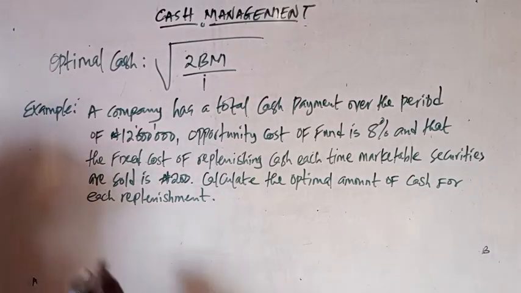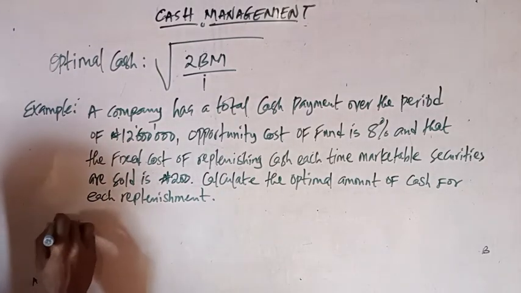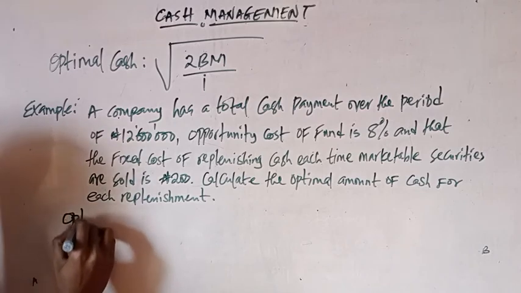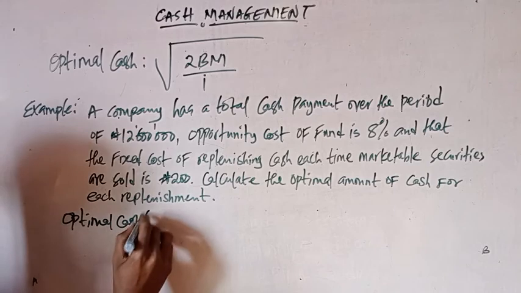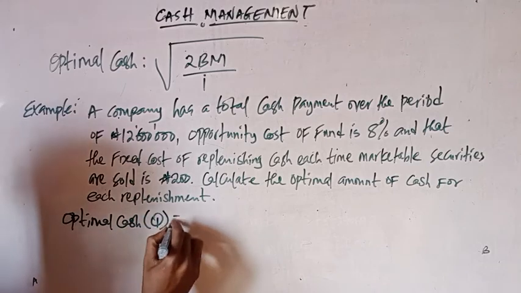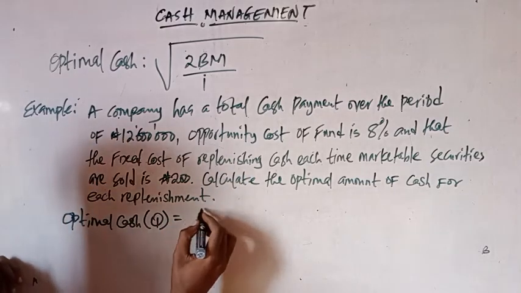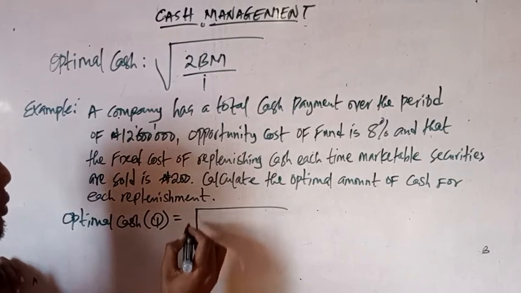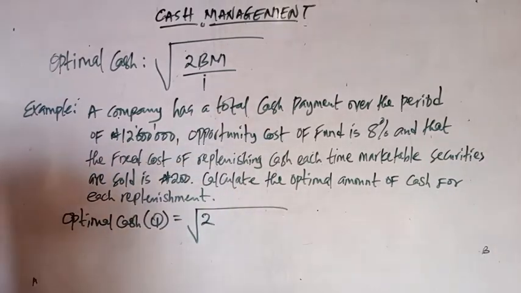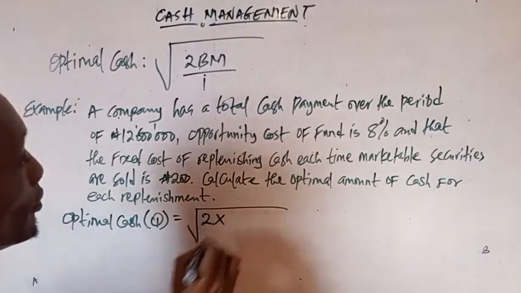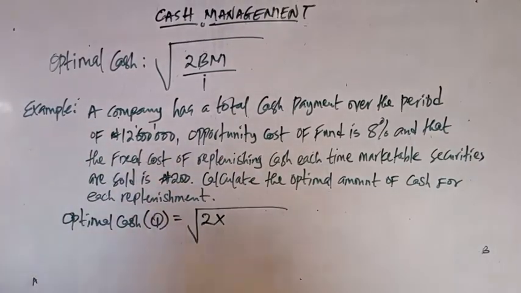So the optimal cash, which we can represent as Q, is equal to, using the formula there, the square root of 2 multiplied by B. What do we define our B to be?